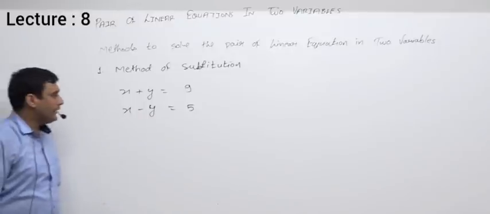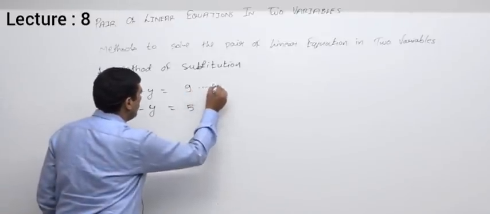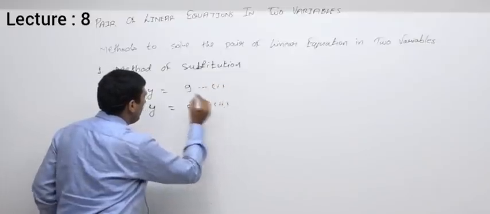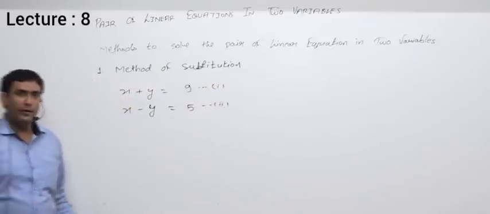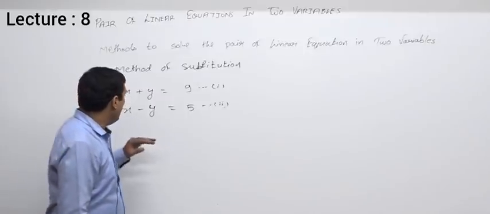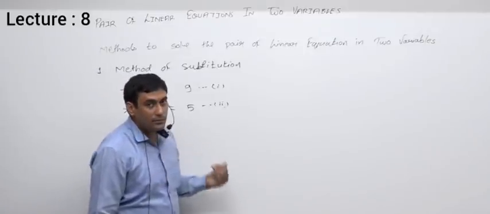x plus y equal to 9, x minus y equal to 2. These are the equations, and we have to find the values of x and y which will satisfy these two equations.